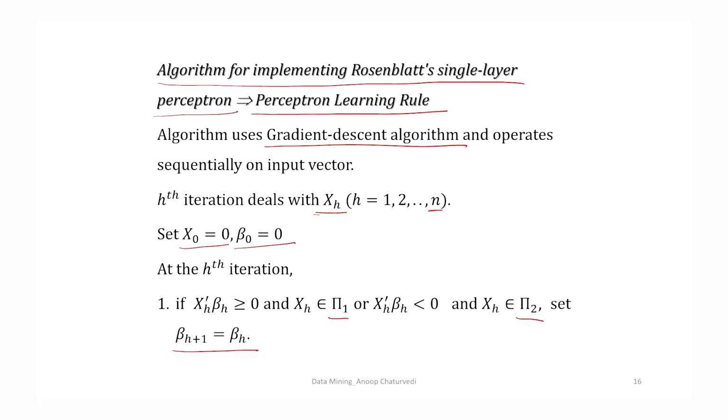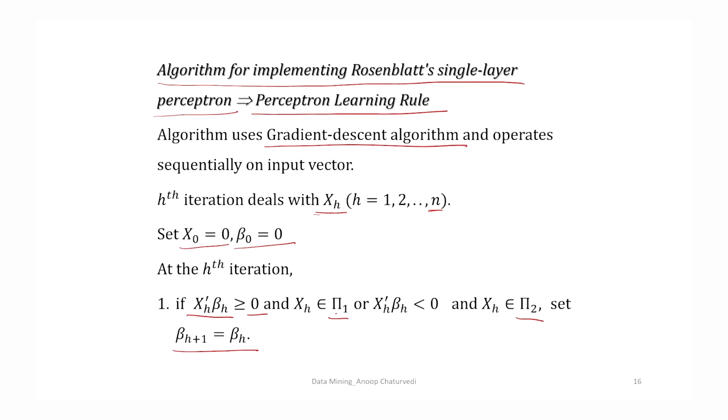So, suppose x_h belongs to pi_1 and x_h transpose beta_h is greater than or equal to 0. Greater than or equal to 0 means you are going to classify x_h in pi_1, so your classification is correct.